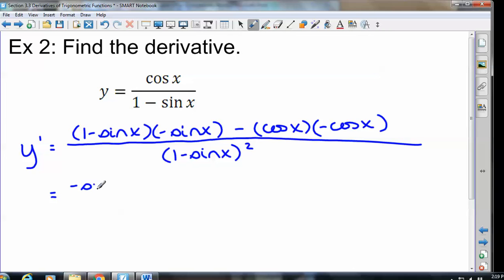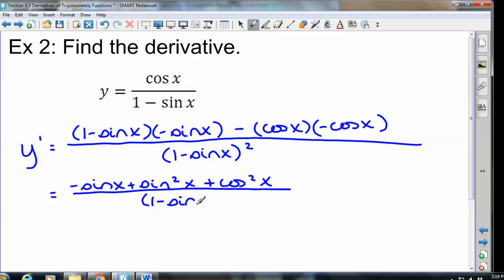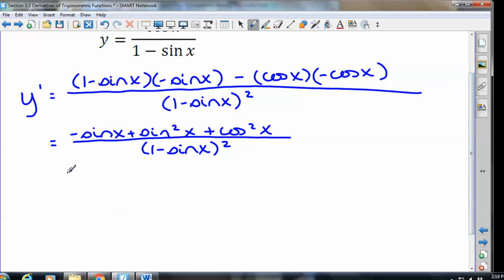We start cleaning this up. We could distribute the negative sign. So 1 times negative sign would be negative sign. Negative sign times negative sign is positive sine squared. Minus cosine times negative cosine would make that positive cosine squared. Now what?